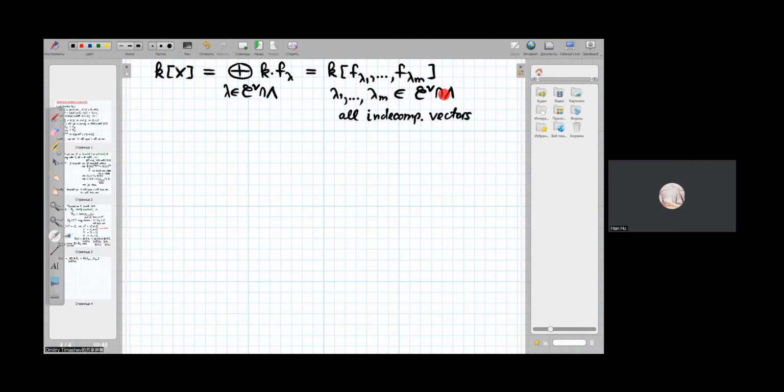And since the semigroup is finitely generated, there should be finitely many indecomposable vectors, and all other vectors are expressed in terms of this. This means that this finite set of all indecomposable vectors in this lattice semigroup actually generates the whole semigroup, and the respective functions generate the whole algebra.